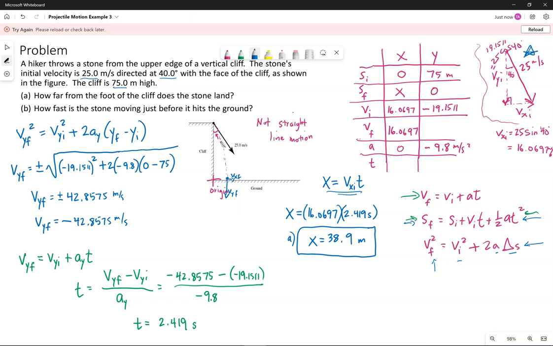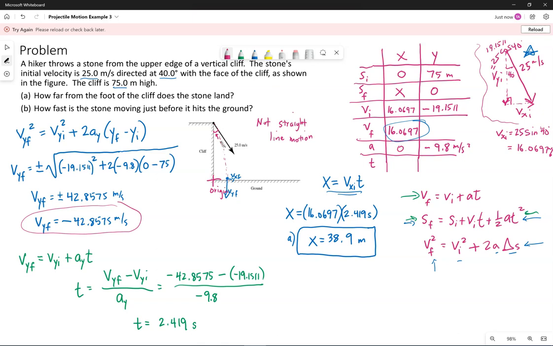Part B, how fast is the stone moving just before it hits the ground? Well, we know that in the x direction it's traveling at 16.0697 meters per second. But we also know that it's headed downwards at 42.8575.